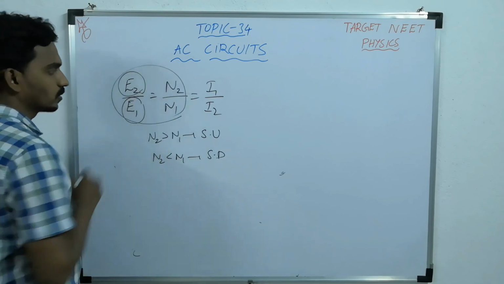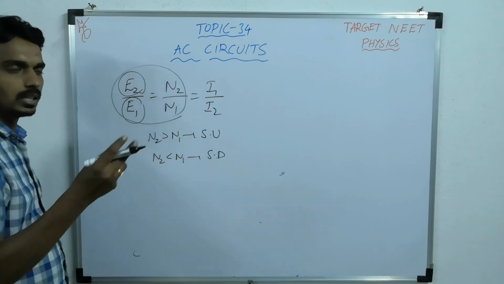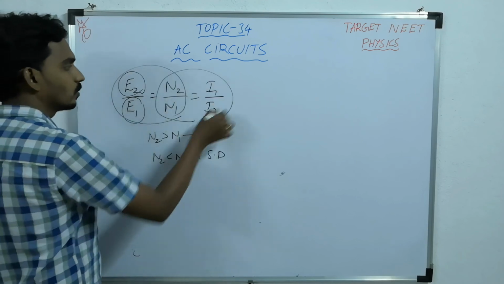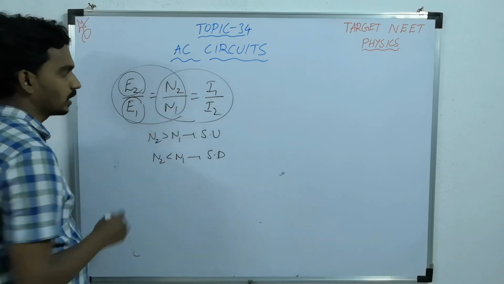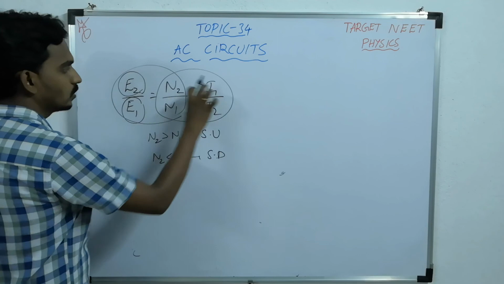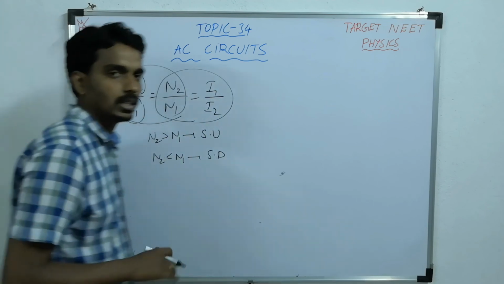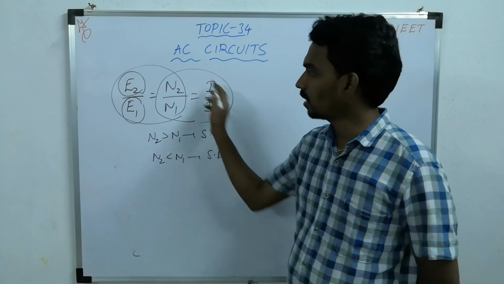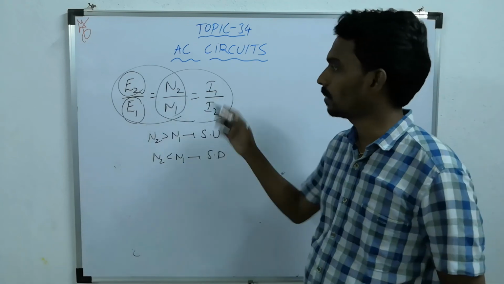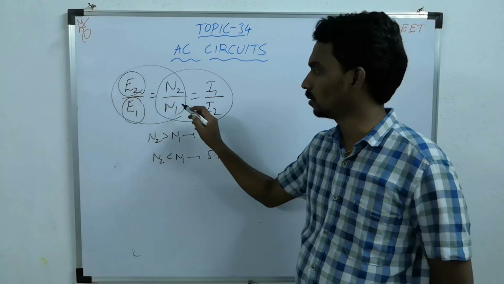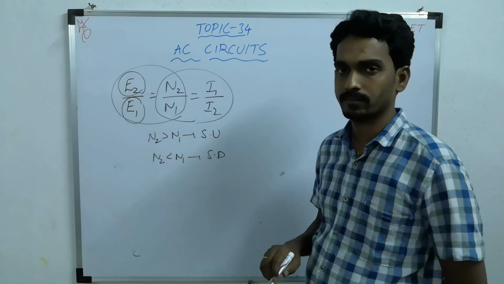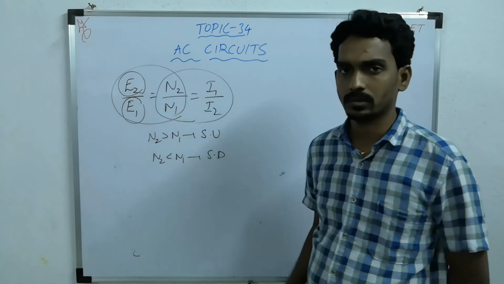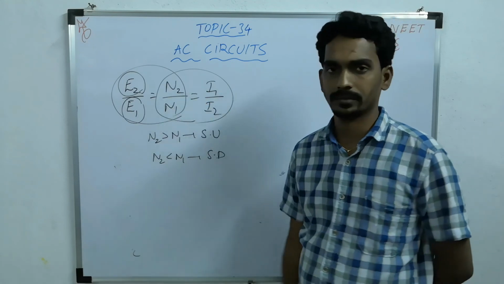Take these 4 suppose. Out of 4, any 3 they will give. Or you take these 4, out of 4, any 3. Or you take this 2, this 2, out of 4, any 3 they will give. The fourth one you have to find. Or out of these values, they may give you like suppose 1, 2, 3, and then you can get the other.